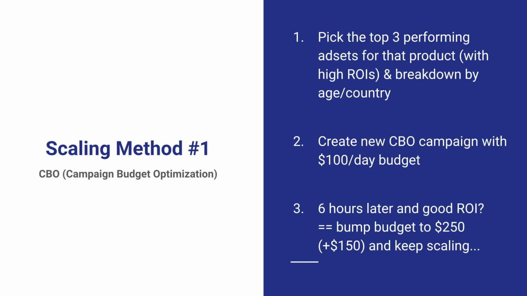After 6 hours, if you found a good ROI and consistent results with that new CBO campaign, bump the budget to $250, and keep scaling that CBO campaign. So that's method one that I use to scale my winning products. Make sure to do the breakdown by age and country, because you don't need to focus on other ages or countries that are not working.